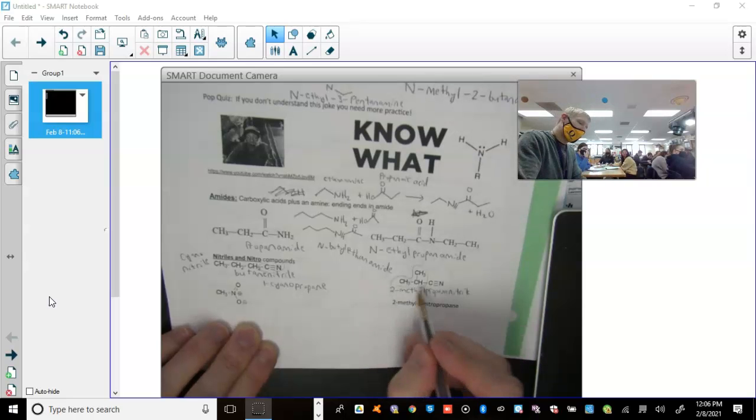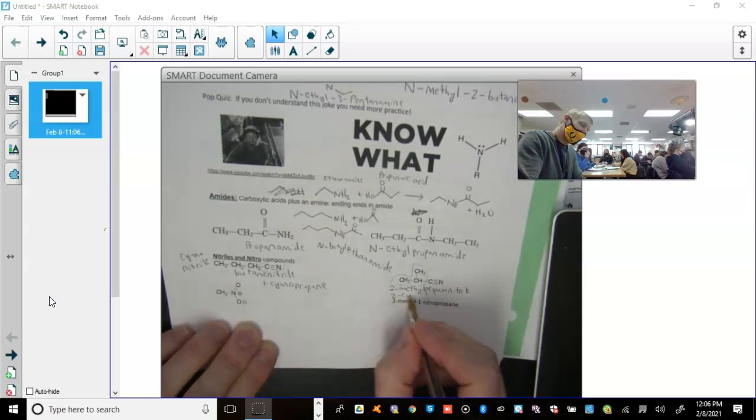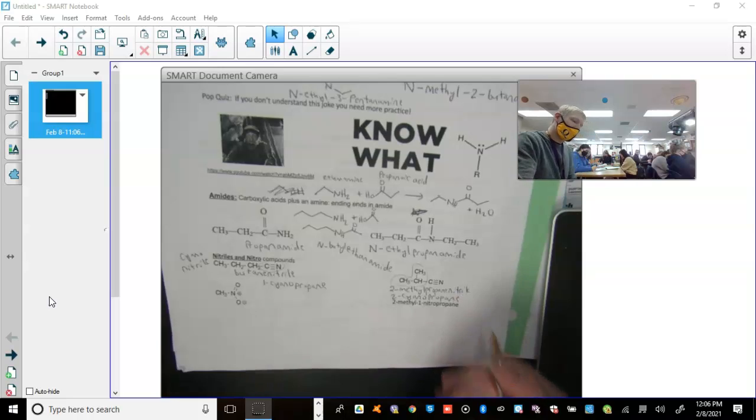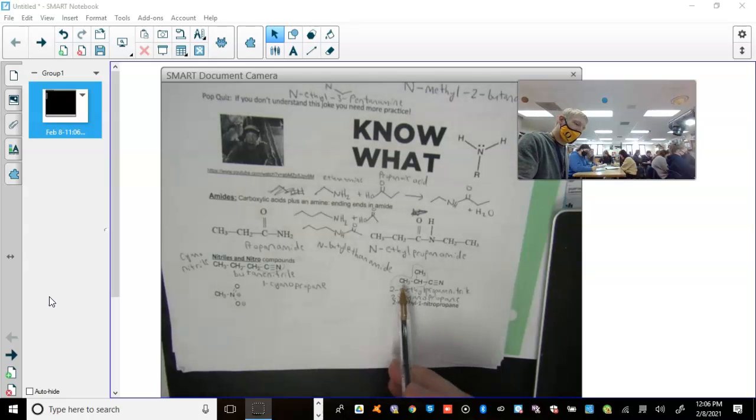So that means it would be 2-cyanopropane. So you can either call it 2-methylpropane nitrile, or 2-cyanopropane.